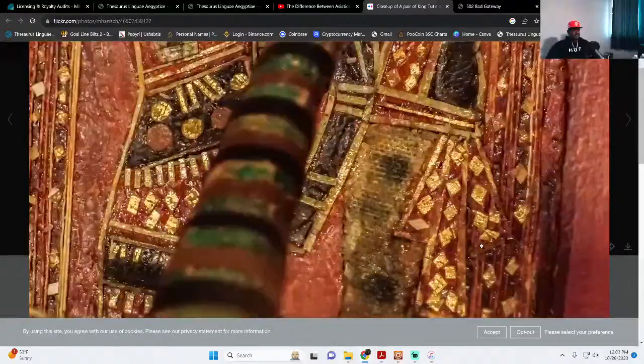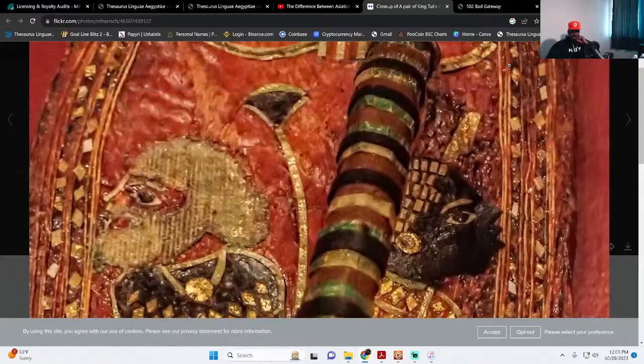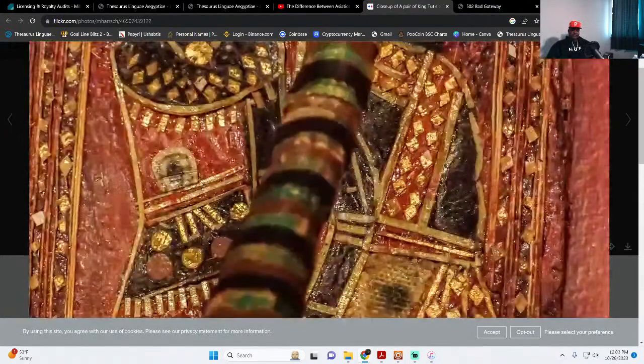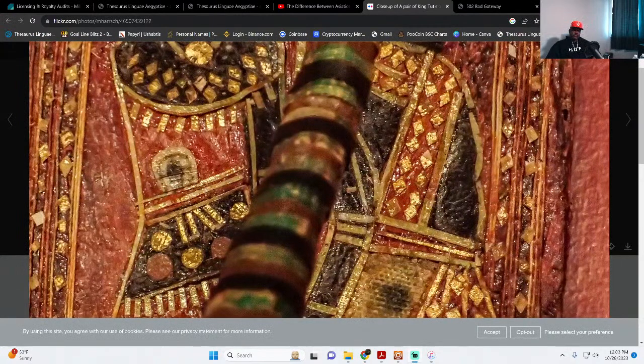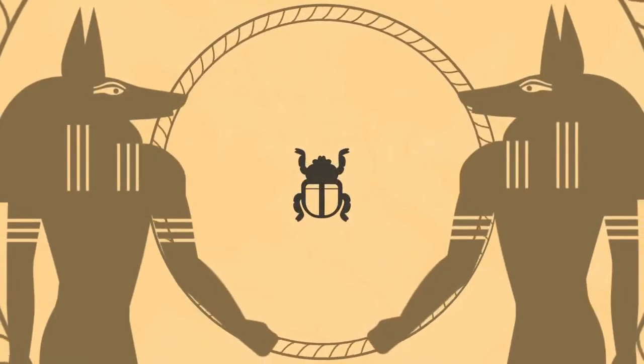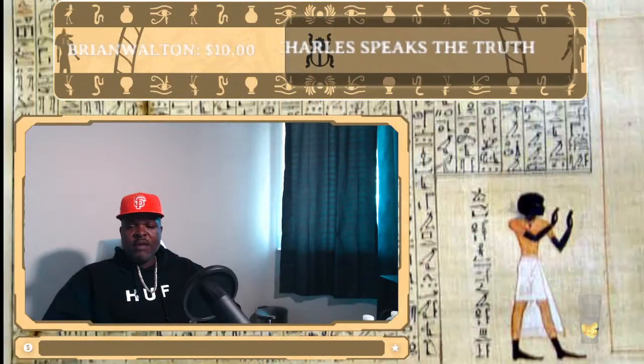Now, we should understand when we start to study from any academic Egyptological source, we'll start to learn that images like this have been classified and placed into different categories by scholars.